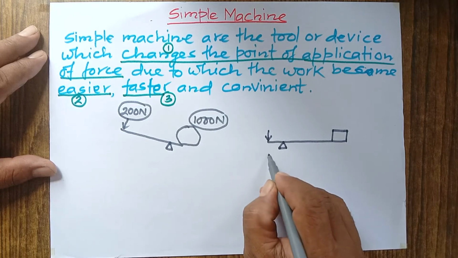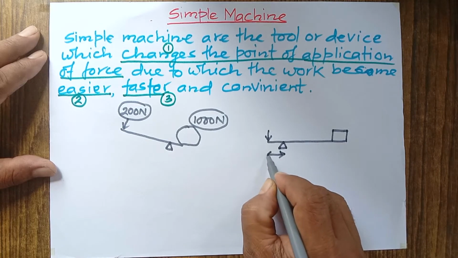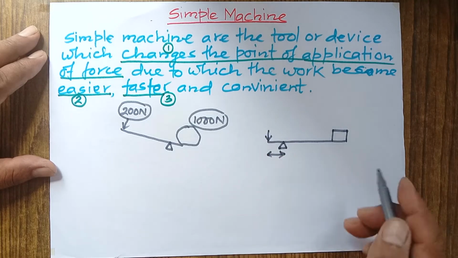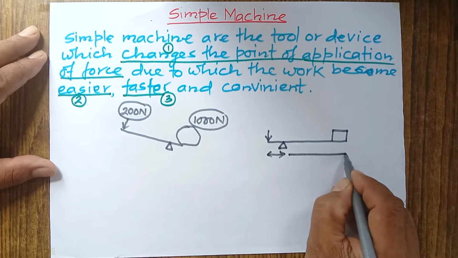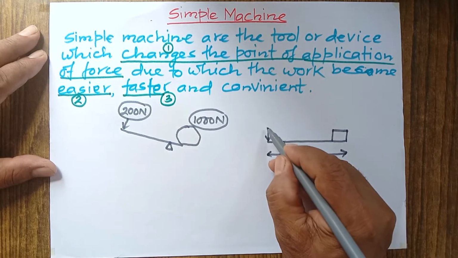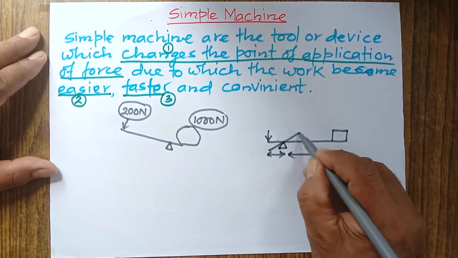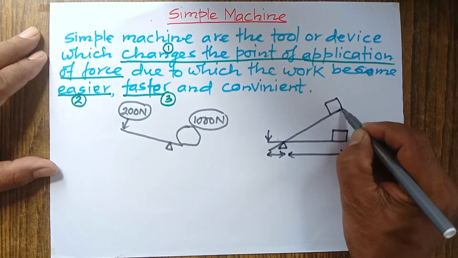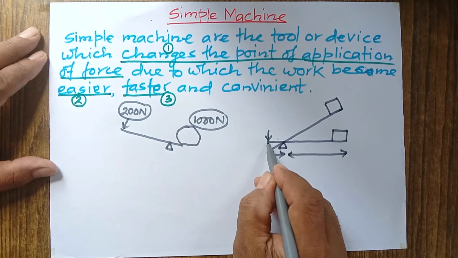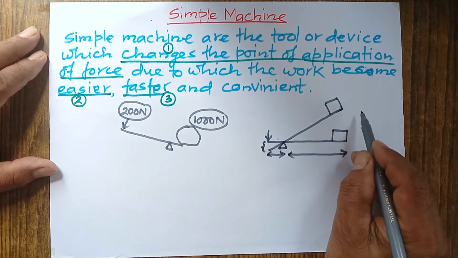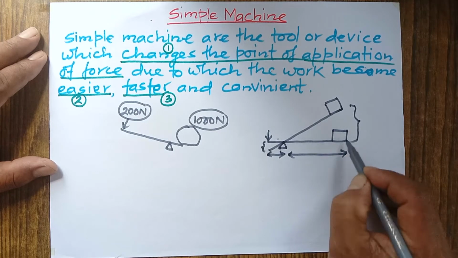Here, this effort distance is very less. Distance from fulcrum to the effort, that is called effort distance, is less, and here load distance is very high in comparison with effort distance. And when we press it down, then it will turn this way and load will be raised to this place. Now if we apply force to this much less distance, load is raised to very long distance.